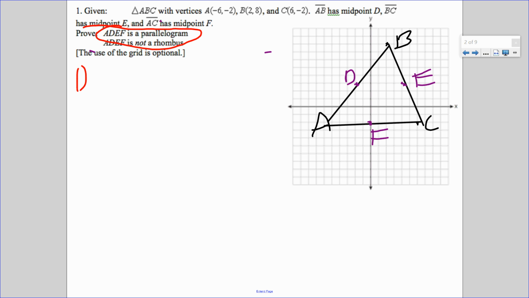So step 1, ADEF. In fact, I can do this step by typing.